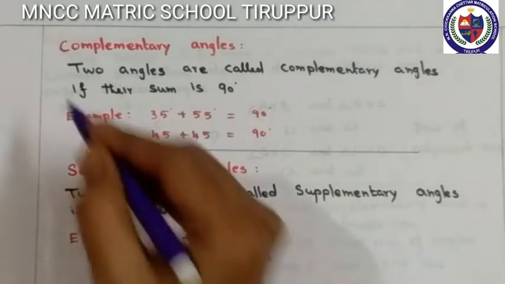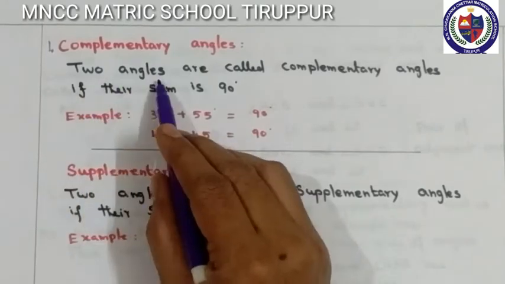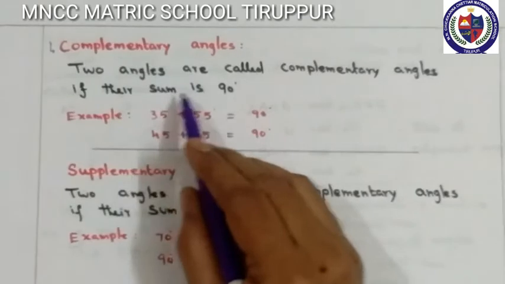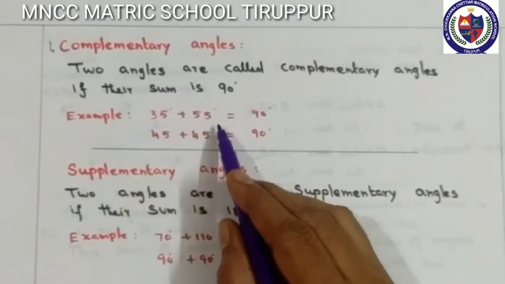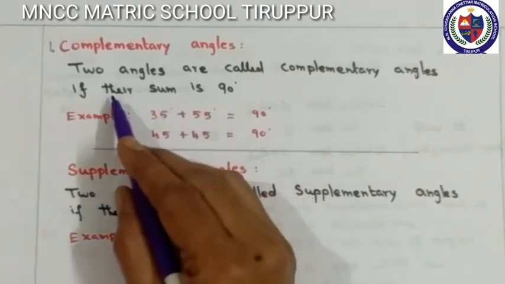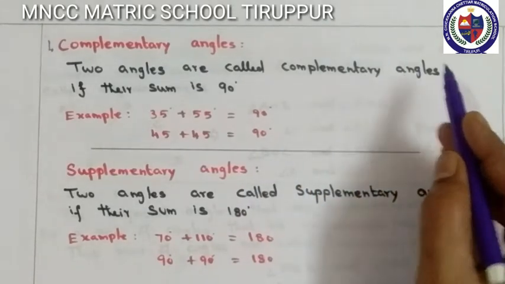The first one, complementary angles. Two angles are called complementary angles if their sum is 90 degree. We take any two acute angles whose sum is 90 degree; that is called complementary angles.